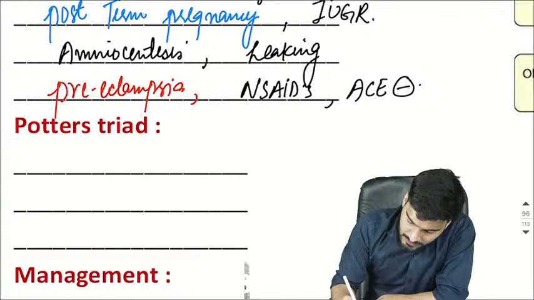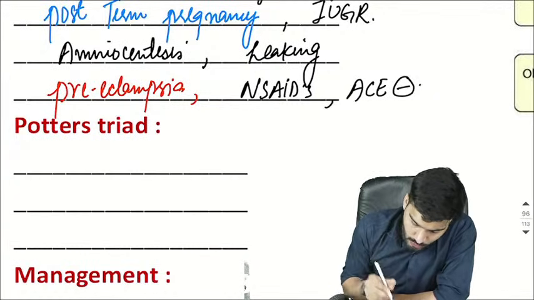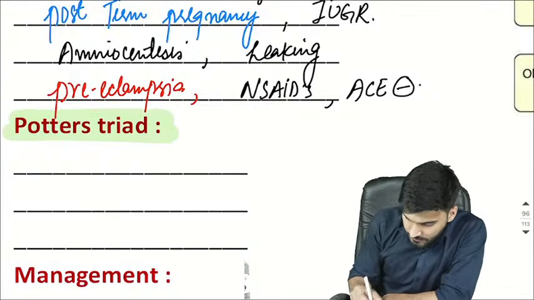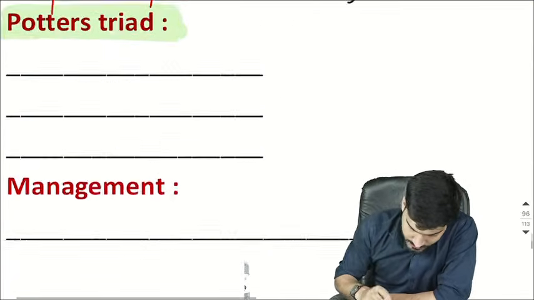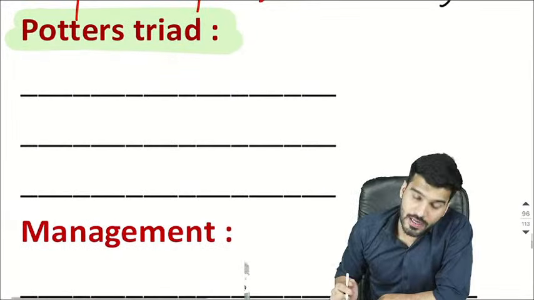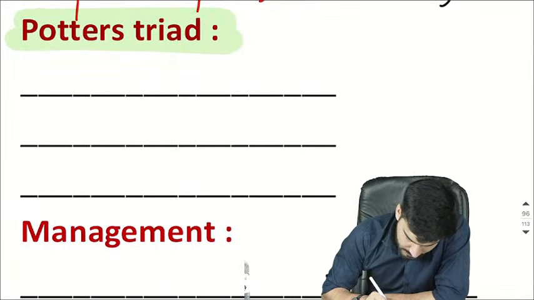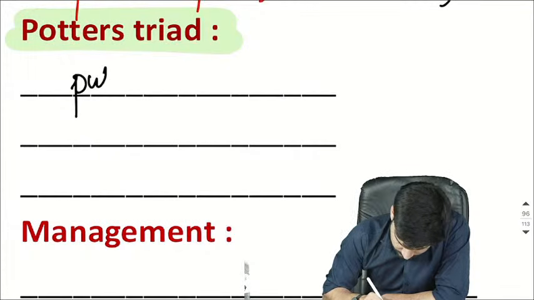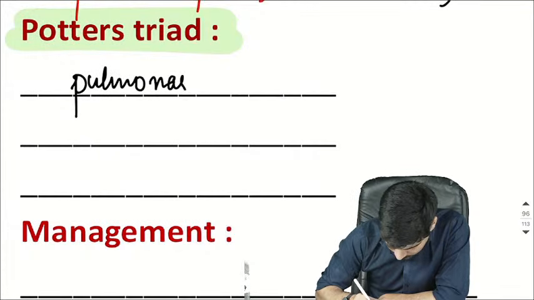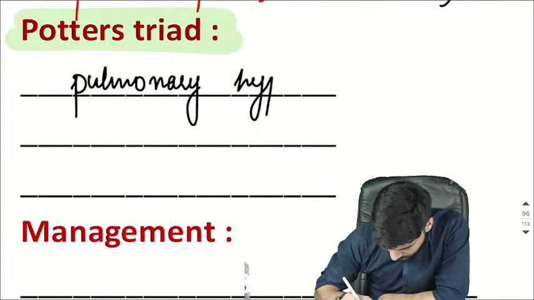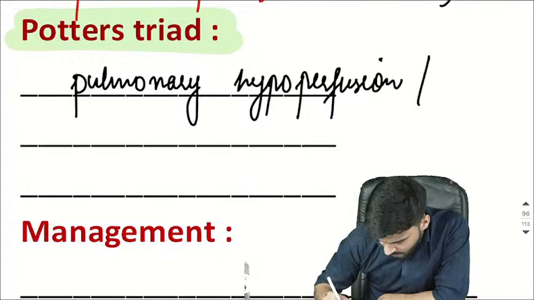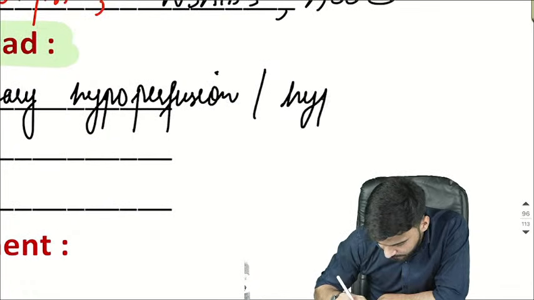Now, next to that, in case of a complication of severe oligohydramnios, we have a classical triad, which is Potter's triad, seen with the severe oligohydramnios. Now, what are the three things in this triad? Number one, there will be pulmonary hypoplasia.